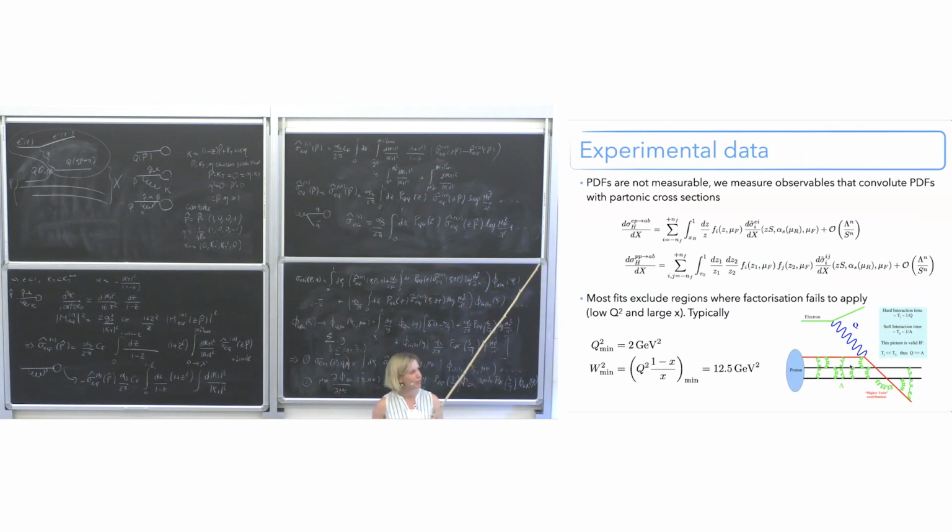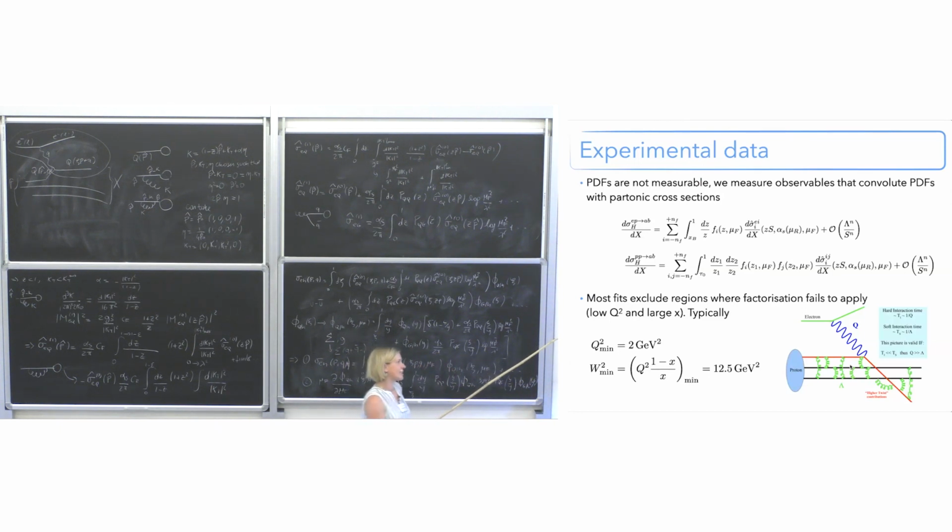They are not measurable functions. So we only measure what is on the left-hand side, which are observables that convolute the PDFs with partonic cross-sections, okay? So this is important. So it's not a trivial fit.